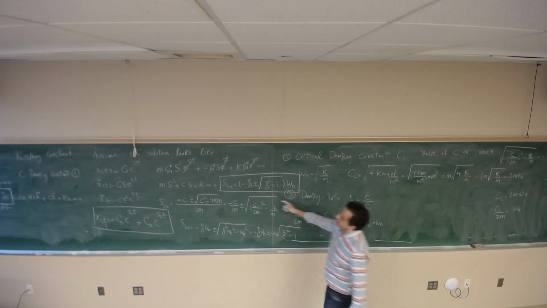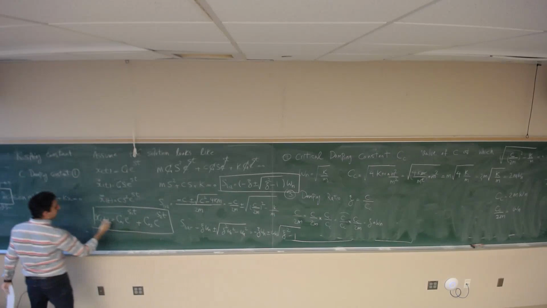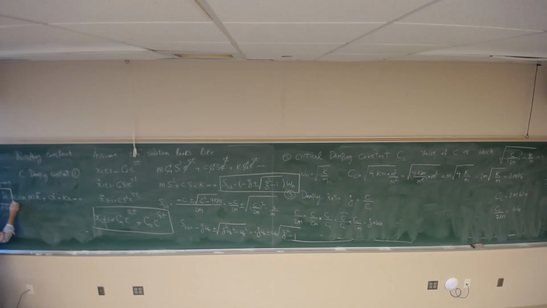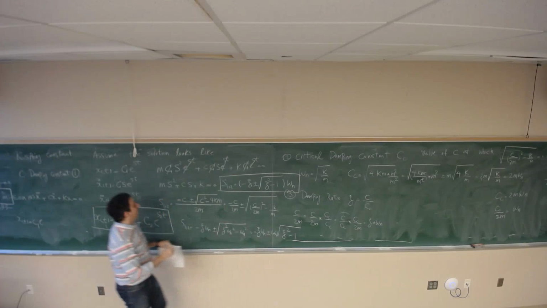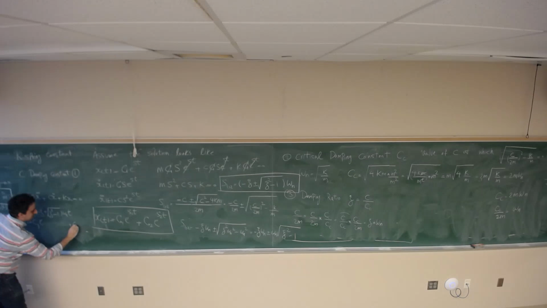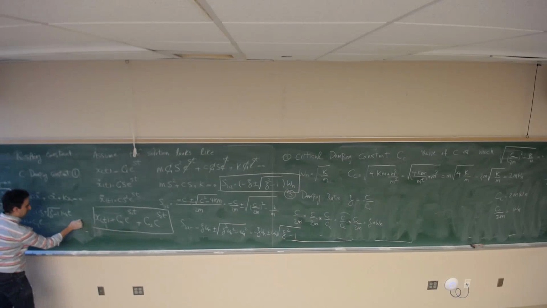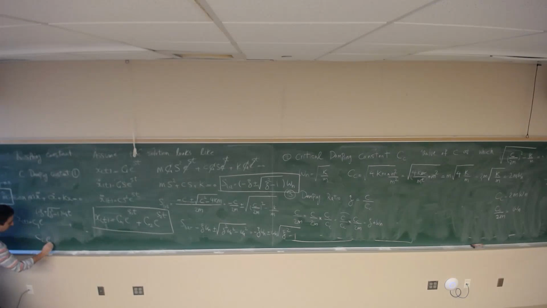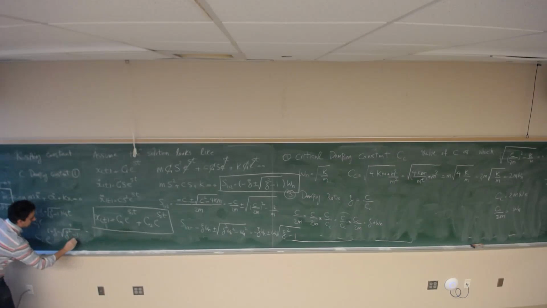So if I want to rewrite the response of the system, it's going to look like this. x of t would be C1 e to the power S1 t. S1 t is negative zeta plus the square root of zeta squared minus 1, times omega n times t, plus C2 e to the power negative zeta minus the square root of zeta squared minus 1, times omega n t.